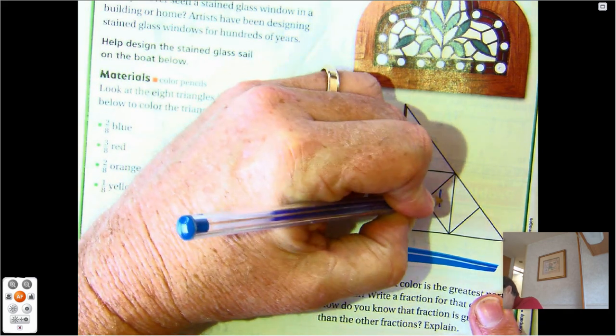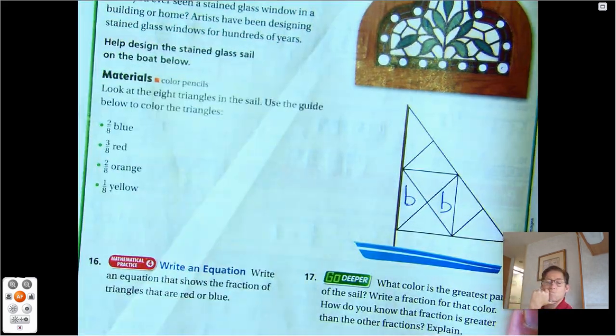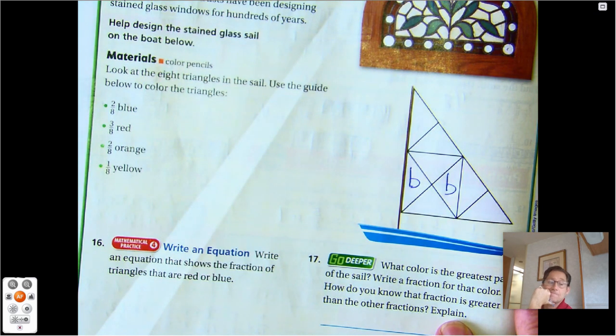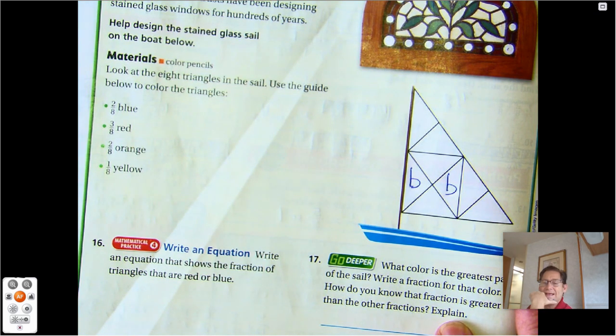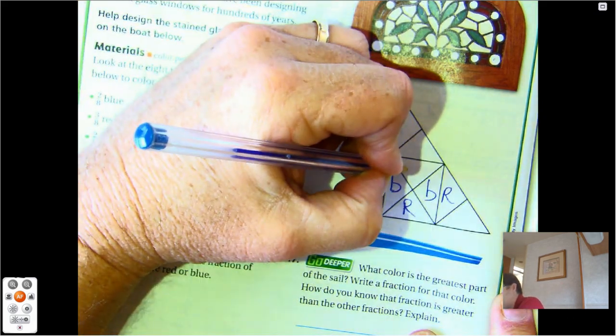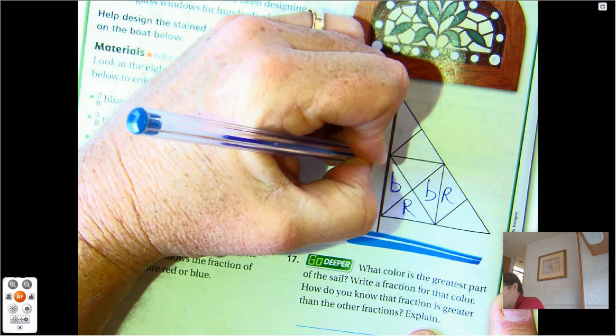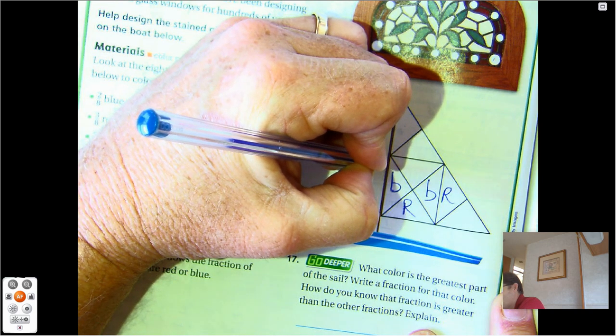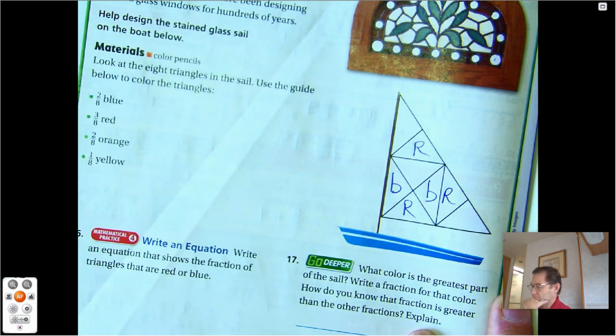All right. 3/8 red. Maybe I'm going to alternate red, red, red. Orange. Maybe I'm going to go orange and orange at the corners. And then yellow.